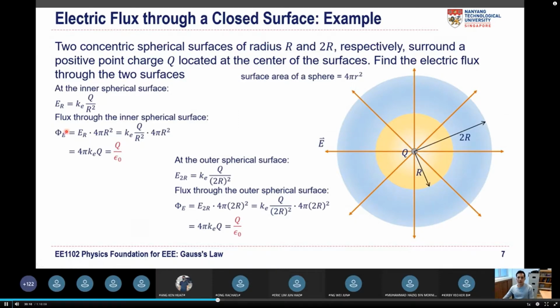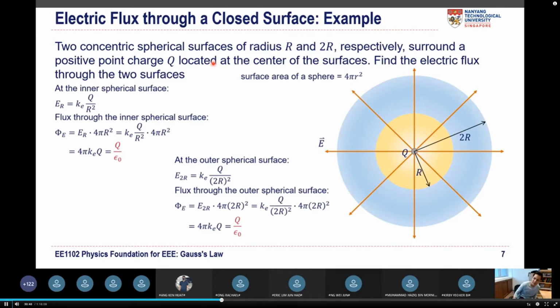So we'll take a look at an example of electric flux going through a closed surface. Let's look at this example. We have two concentric spherical surfaces. Concentric spherical surfaces mean the two spheres share the same center, but the inner sphere has a smaller radius, and the outer sphere has a bigger radius.